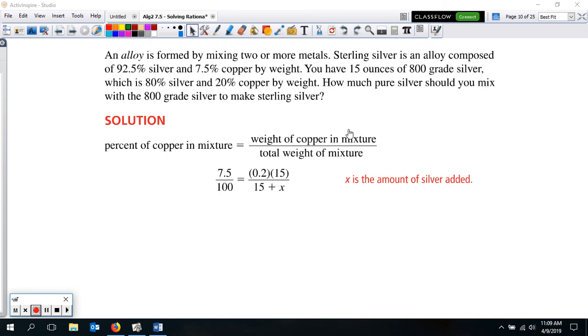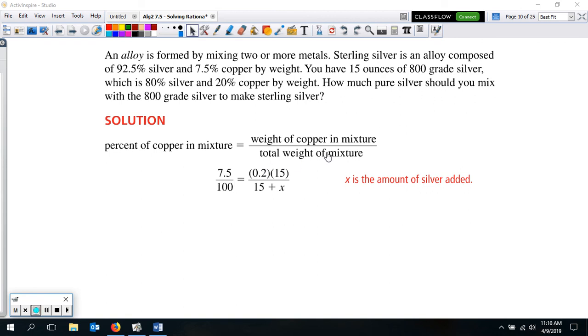The weight of the copper in the mixture. Now we're looking at this right here, this 80-20 part, and the copper is 20%. So our weight is, we have 15 ounces, and it's 20% of those 15 ounces is the copper. So we got to multiply, make this 20% into a decimal, that's the 0.2, multiply that percent times the weight. That would give us the weight of the copper in the mixture.